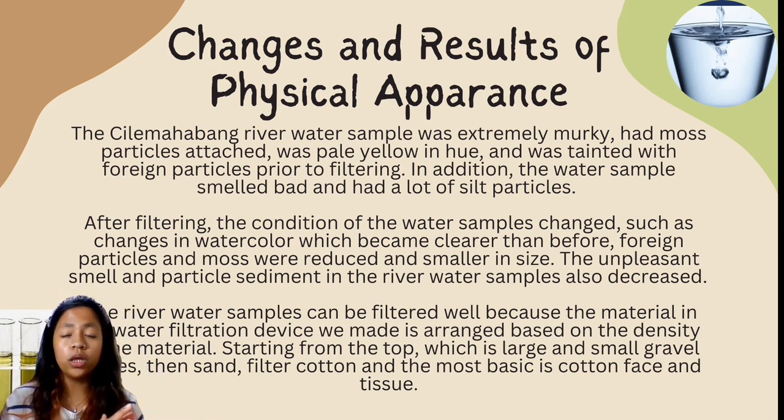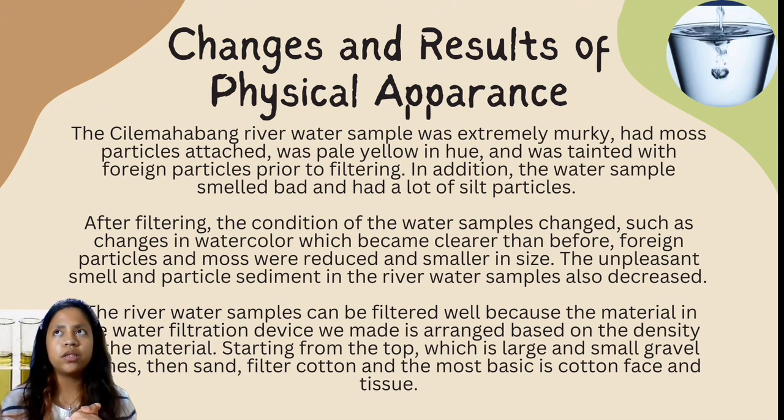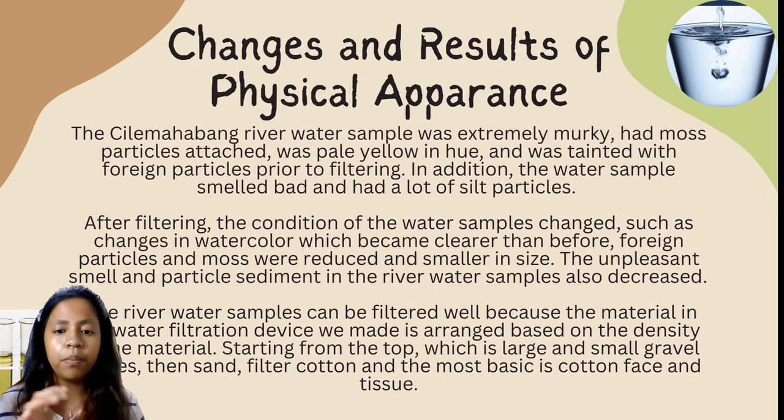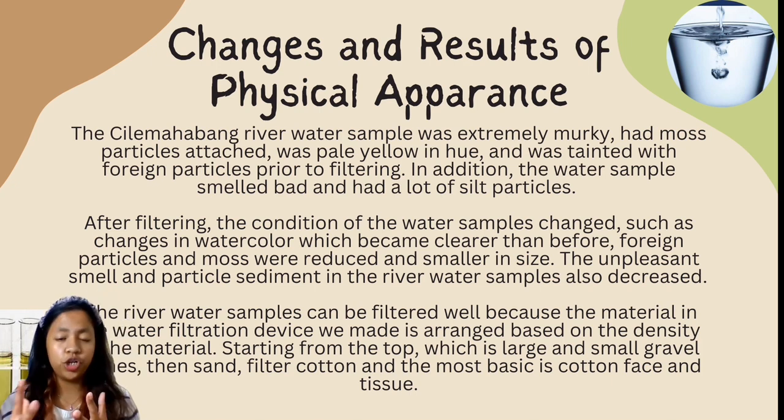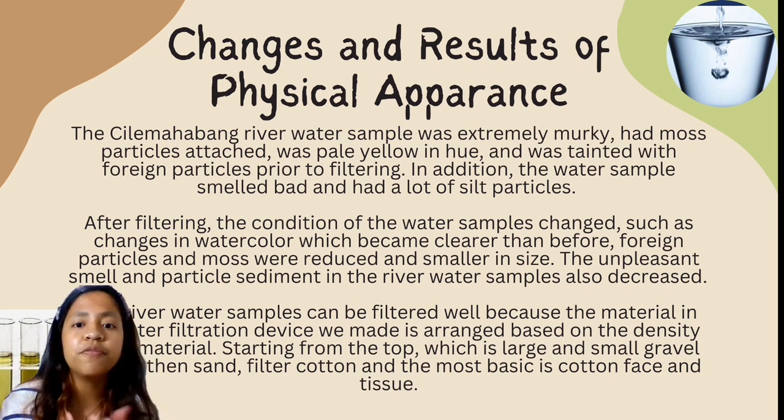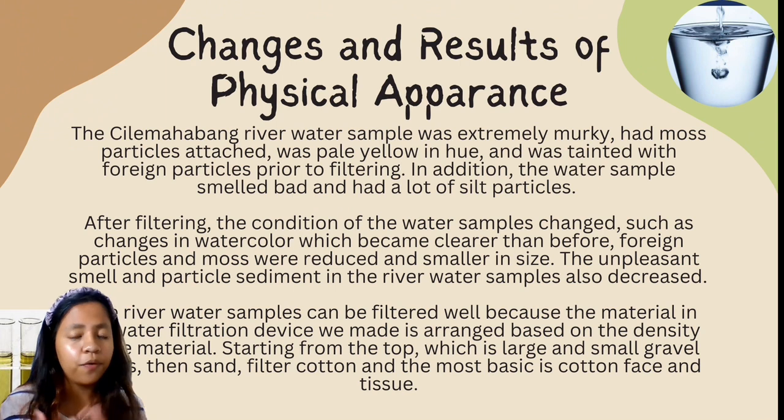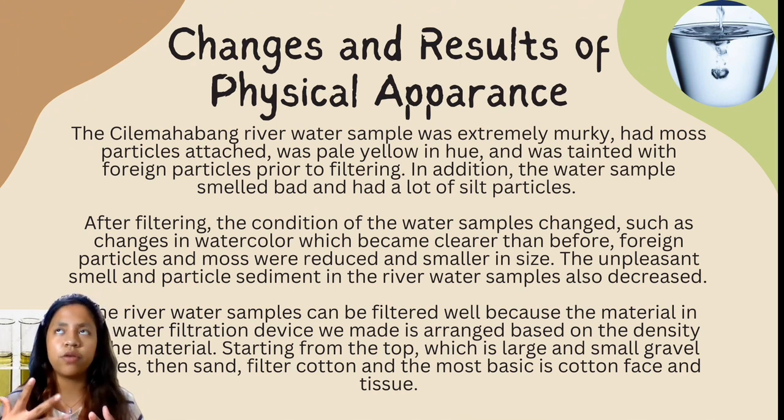And next are the changes and results of physical appearance. The water sample that we took is from Abang River. The water was extremely murky, had most particles attached, and the water color before filtration was pale yellow, stained with foreign and hard particles, and the smell was so bad, and of course it had a lot of slate particles.